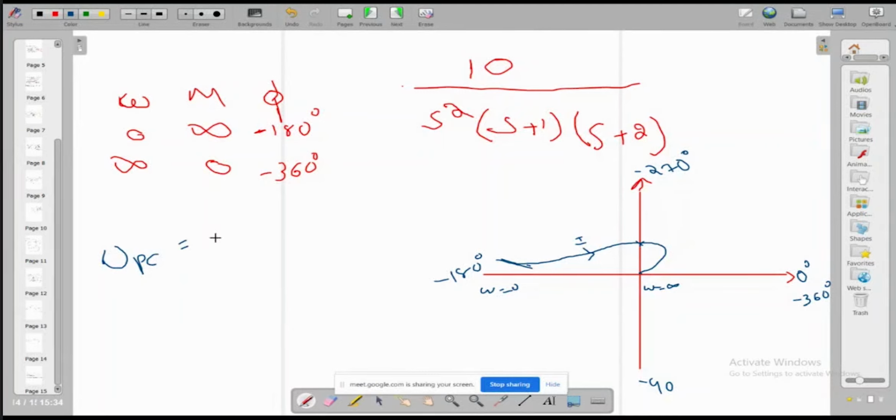That will lie on the real axis. If you equate the real part to 0, then you will find out the intersection point on the imaginary axis. Right? On the imaginary axis, the real part is 0. Then you have to equate the imaginary part to find out the point on the real axis, whether it is enclosed inside the unit circle or outside the unit circle.